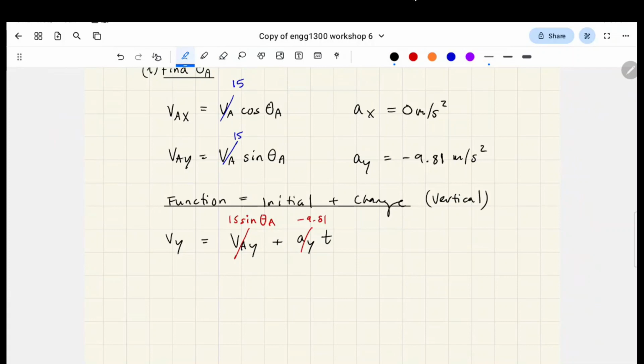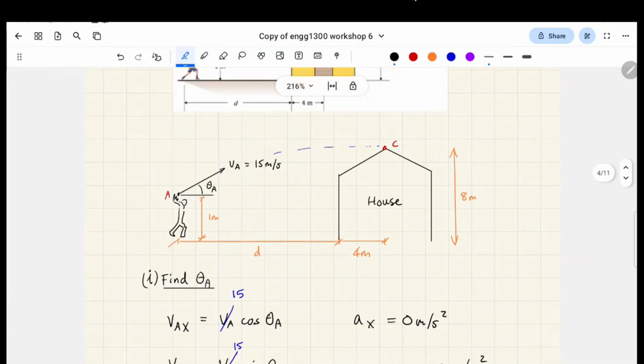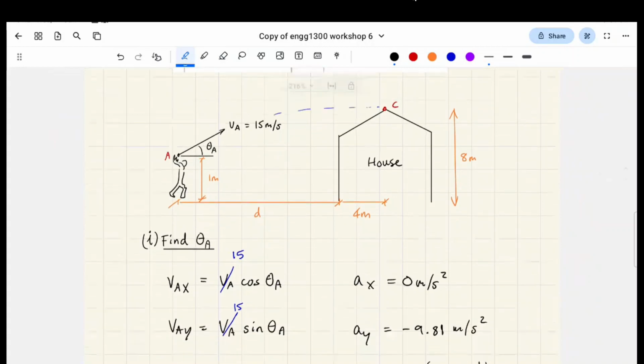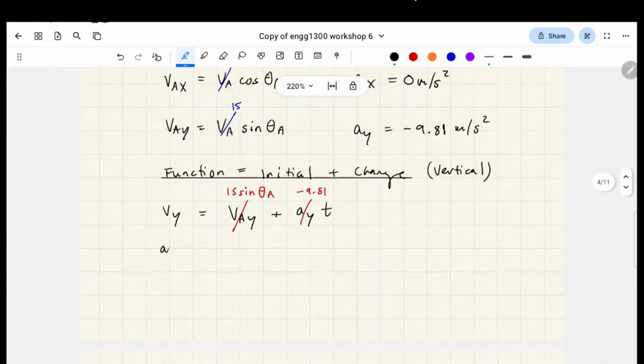Okay, and then we know one additional thing about the vertical direction, and that's that once it hits the tip of the house, the ball reaches apex. What we know about the apex of an arc is that the velocity in the y direction is equal to 0, so it can't go any further up. So at point C, the ball reaches apex.